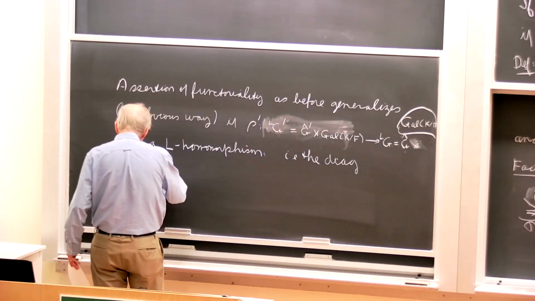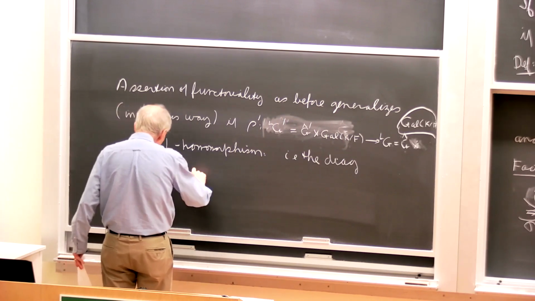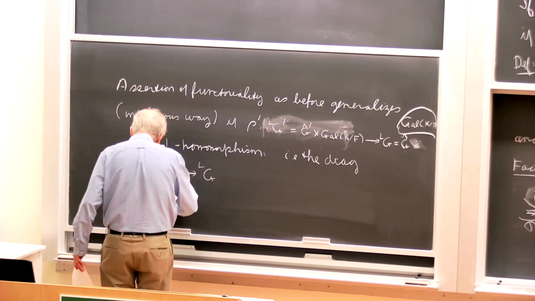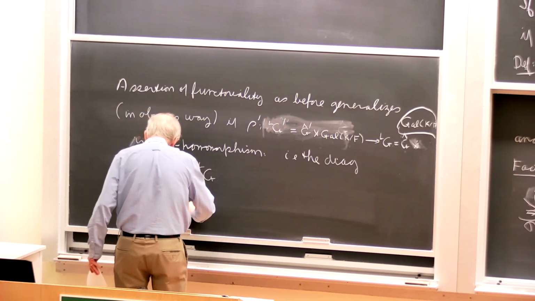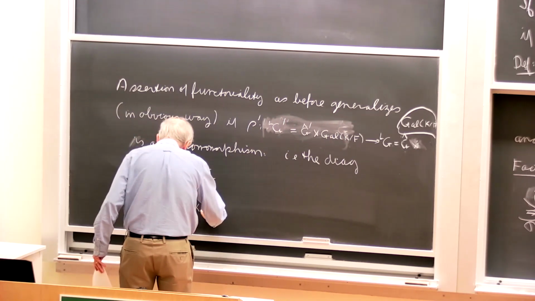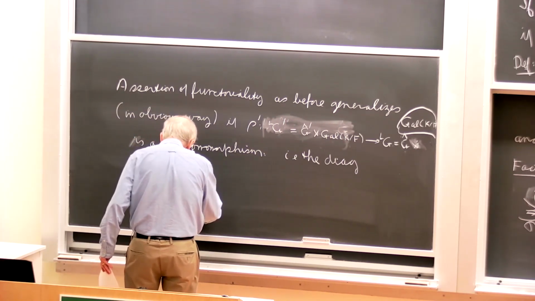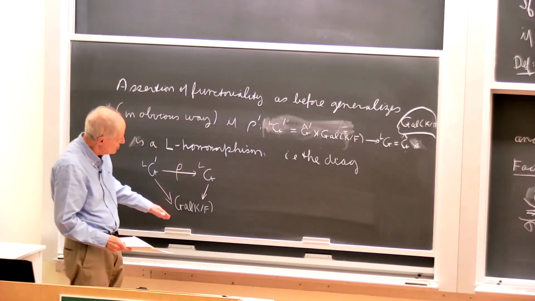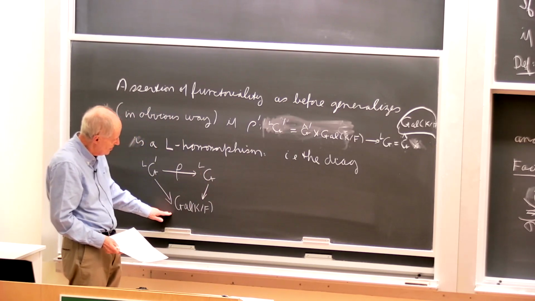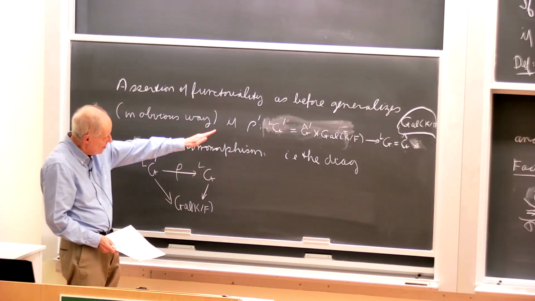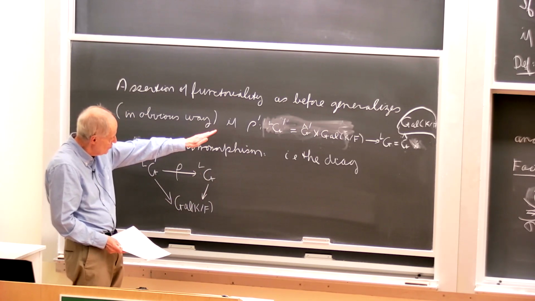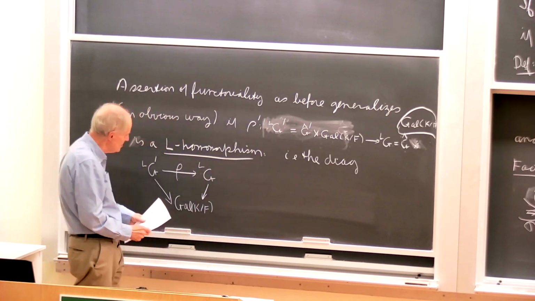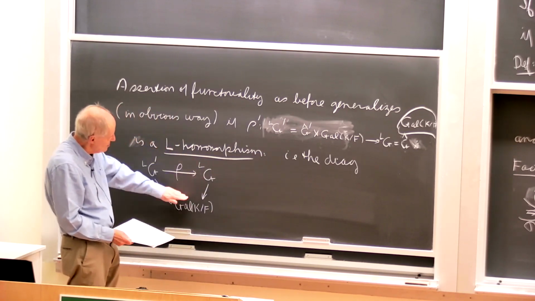So you have the L group of G prime, a homomorphism from that into the L group of G, and both of these things project onto the Galois group of K over F, and you ask that this commute with the projections onto the Galois group. So that's what you require of the homomorphism rho prime. This is called an L homomorphism. It has to commute with the projections onto this group.